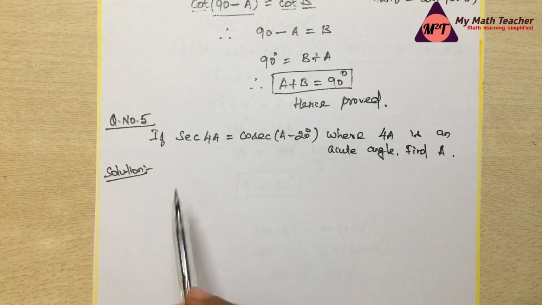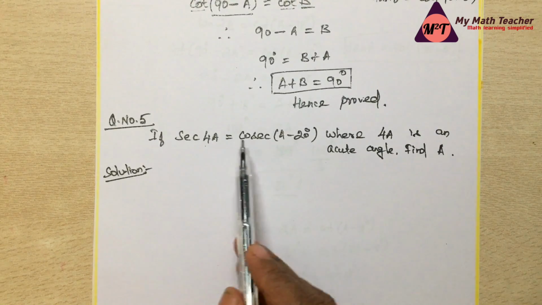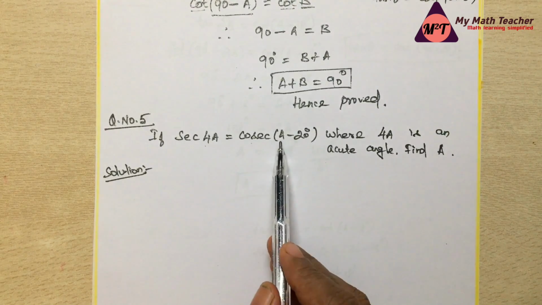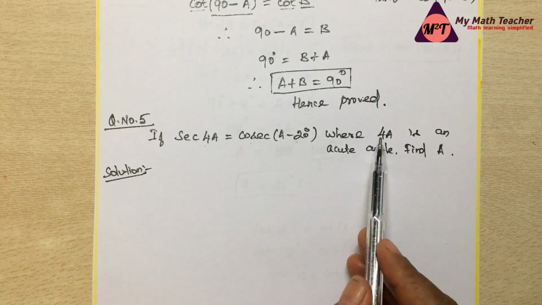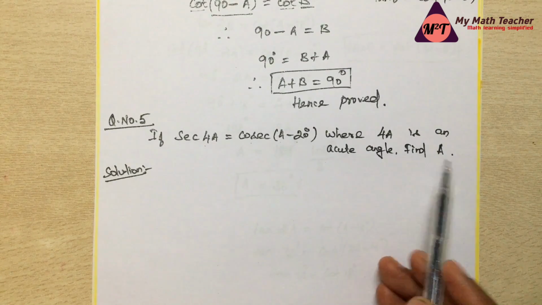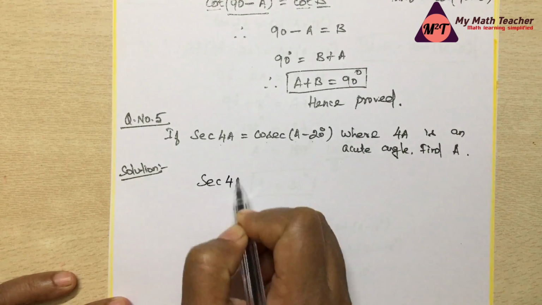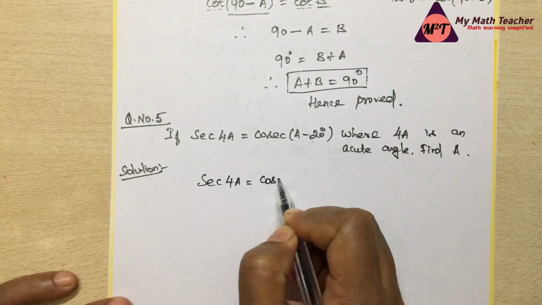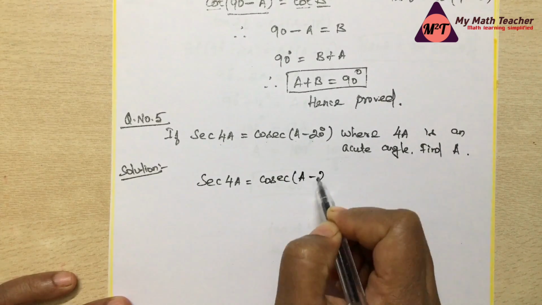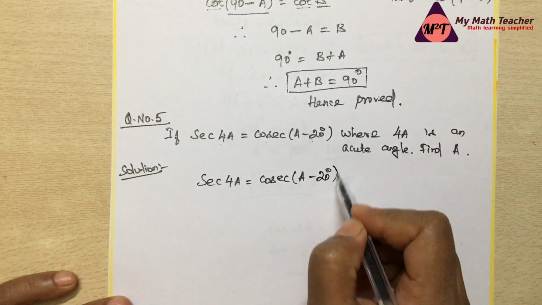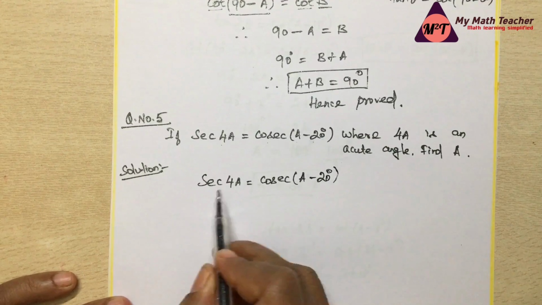Question number 5. If secant 4a is equal to cosecant a minus 20 degrees, where 4a is an acute angle, find a. So now given is secant 4a is equal to cosecant a minus 20 degrees. We have to find the value of a, which is present on both the sides.